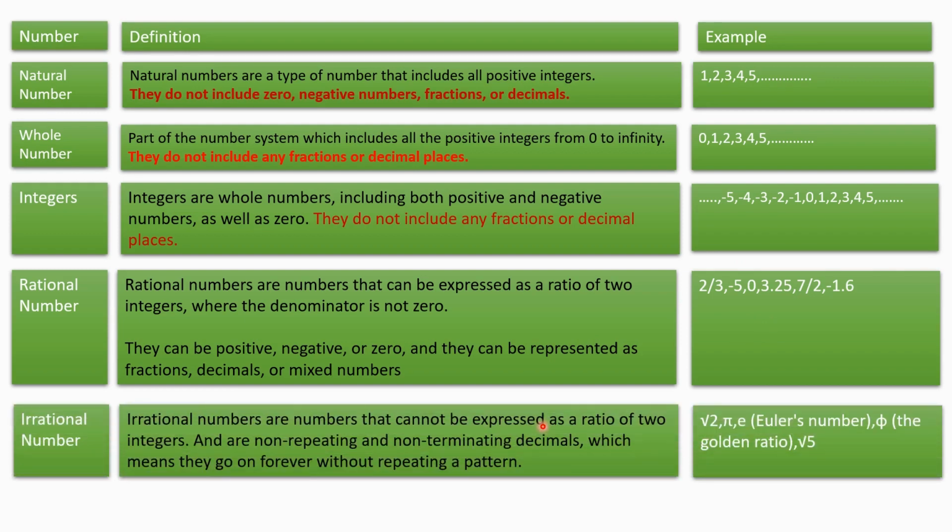Irrational numbers are numbers that cannot be expressed as a ratio of two integers and are non-repeating and non-terminating decimals, which means they go on forever without repeating a pattern. Example: the square root of 2, pi, e (Euler's number), phi (the golden ratio), the square root of 5.